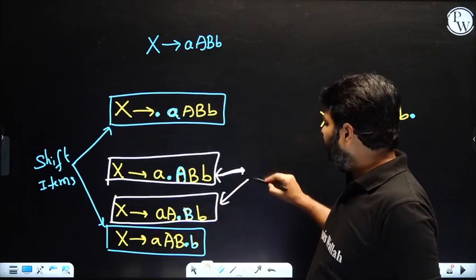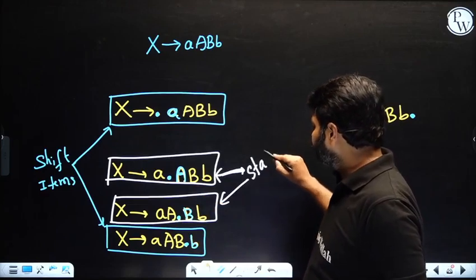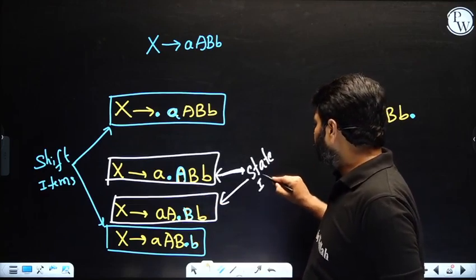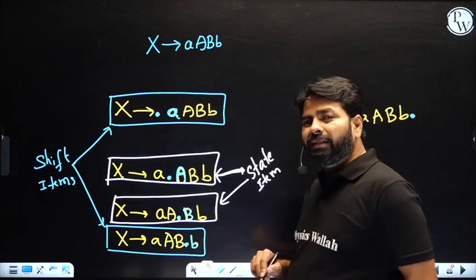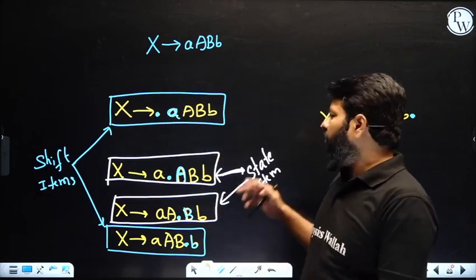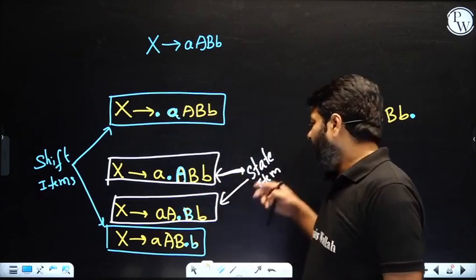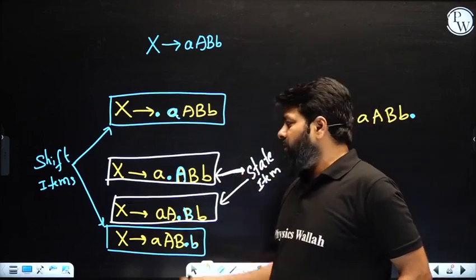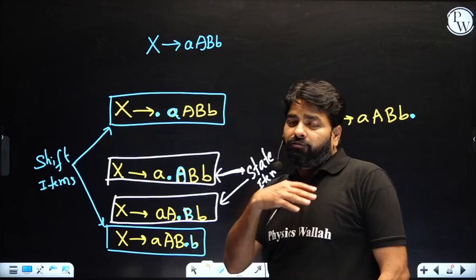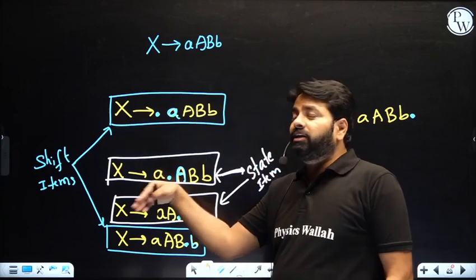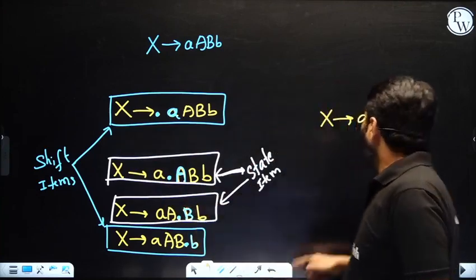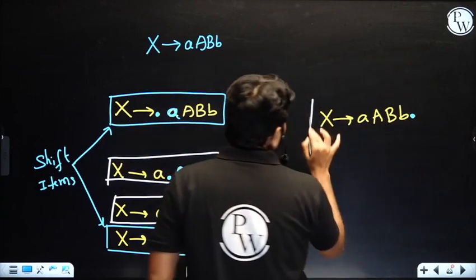So, we call it a state item. That basically helps us to make the goto entries. So, you may say goto item or state item, it is a very interesting name. It helps us to make goto entries. Shift items will help us to perform shift actions by giving shift entries into the table.